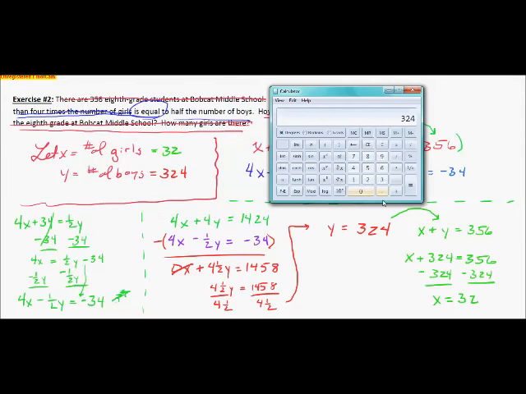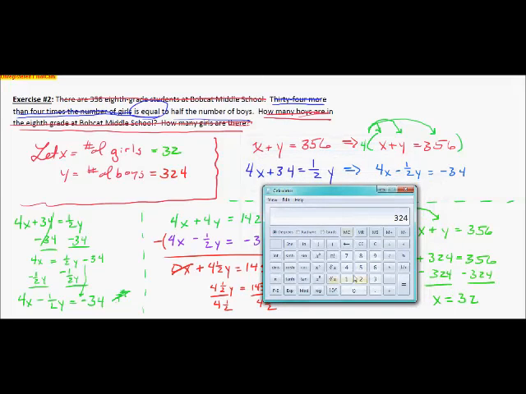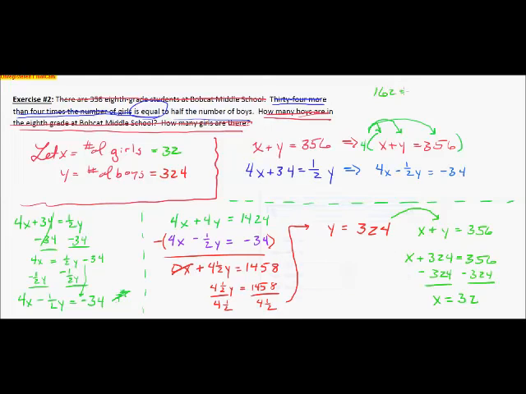If I were to plug those into one of these equations, and I'm more curious to see how it works in this bottom equation. So if I take 4 and I multiply it by x, that's 32. Alright, I get 128. And then I add 34 to that. That side of the equation, that's going to be 162. I'm going to write that right up here, 162.